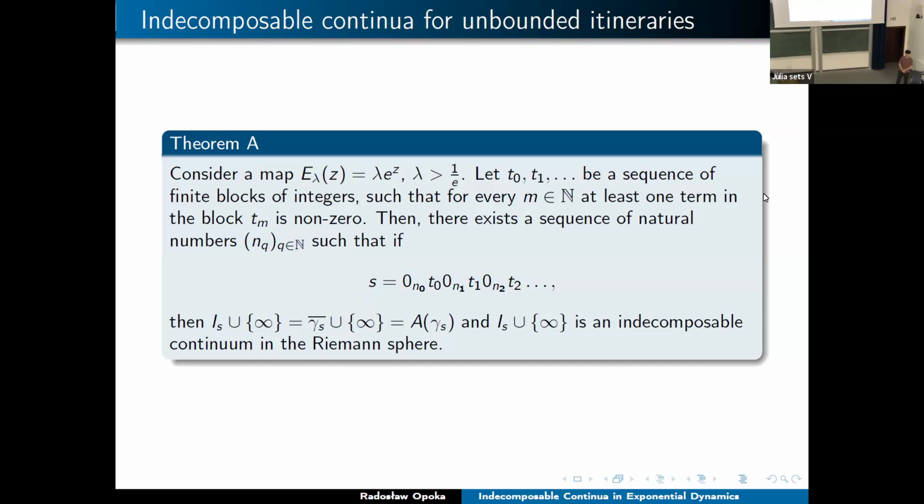Do you have an idea what's happening there? Maybe also the limit would be an indecomposable continuum or something interesting. So you are asking what happens in the parameter space, not the dynamical space. I wasn't thinking almost anything about what happens in parameter space, so I'm afraid I can't tell anything.